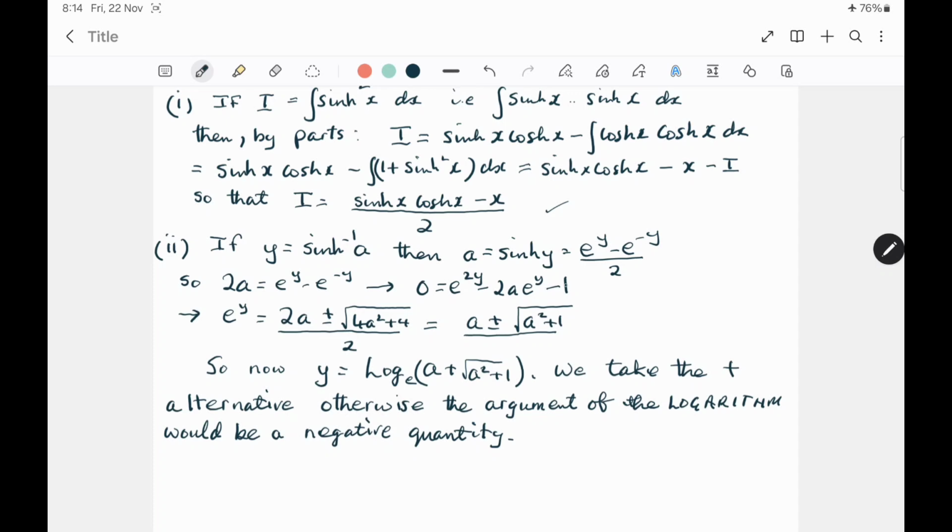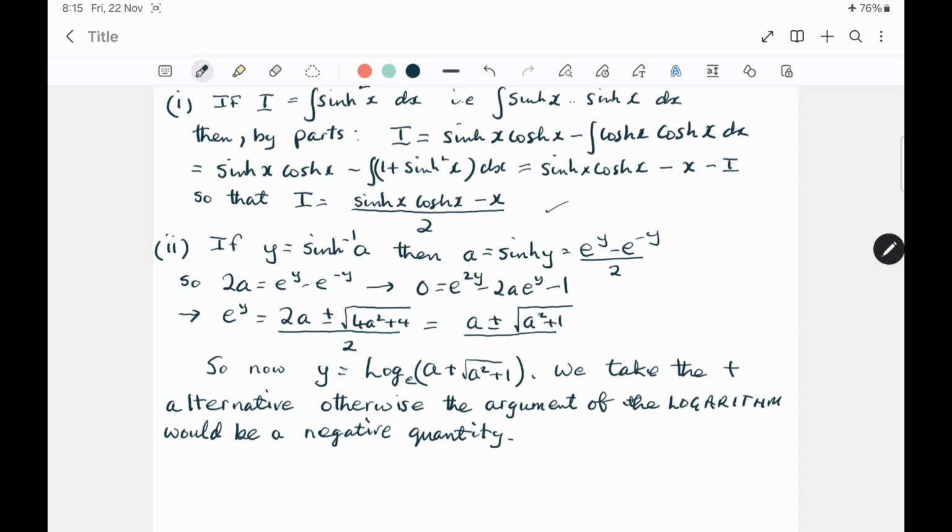So we get a quadratic equation: 0 equals e to the 2y minus 2a e to the y minus 1, which I've then proceeded to solve just using the quadratic equation formula. And that gives me e to the y equals 2a plus or minus square root 4a squared plus 4, all divided by 2, which simplifies to a plus or minus square root a squared plus 1.